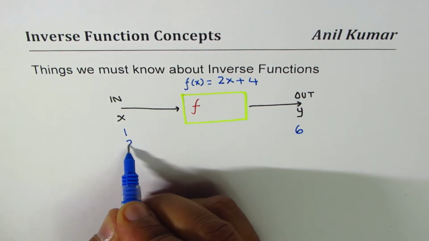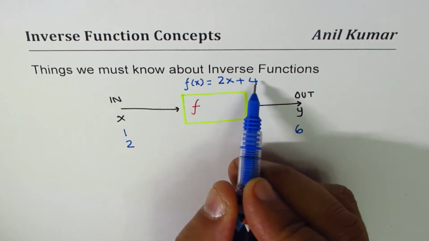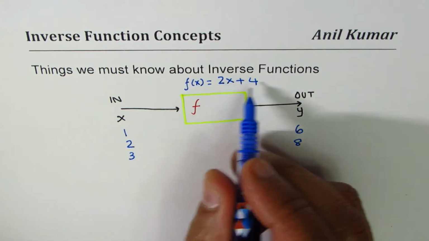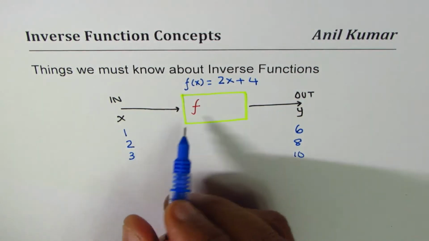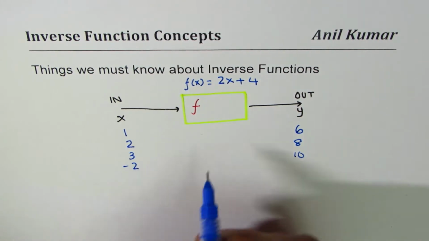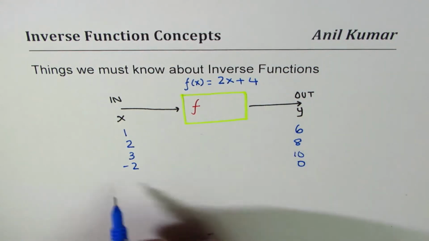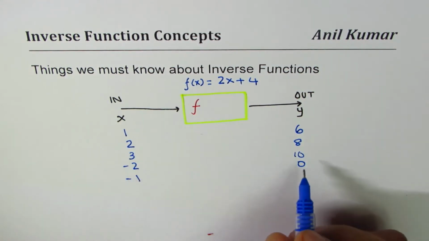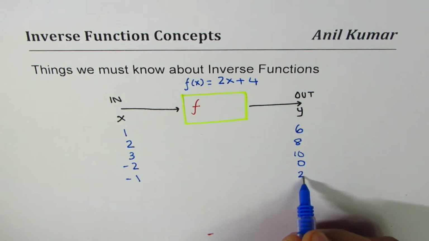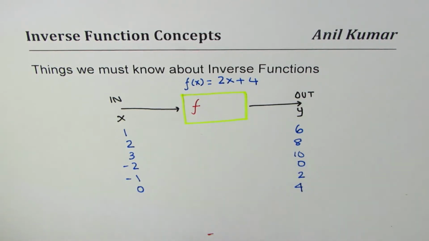If I send in input 2, then the output will be 2 times 2, 4, 4 plus 4 as 8. For 3, it will be 6 plus 4, 10. If I send some negative numbers in, let us say minus 2, then the output will be minus 4 plus 4 as 0. If input is minus 1, the output will be minus 2 plus 4, which is 2. If input is 0, then the output will be 4.